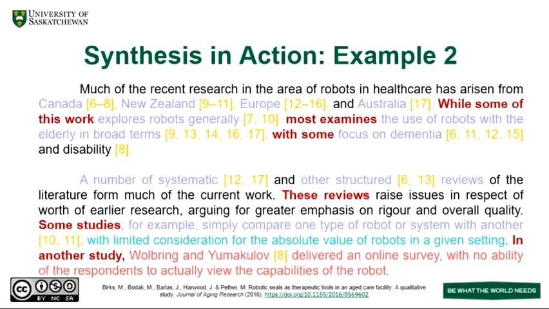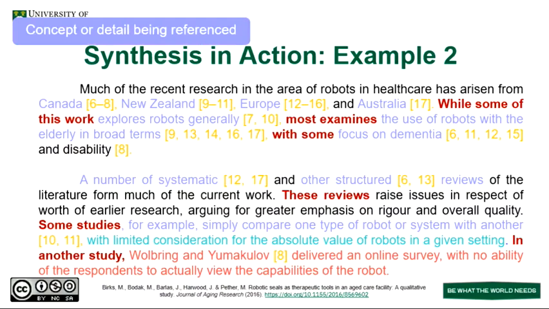But to break this down a little bit, in purple, I've identified where we have a concept or a detail being referenced. And whenever we have this sort of specialized bit of information, then we are going to support it with our references.